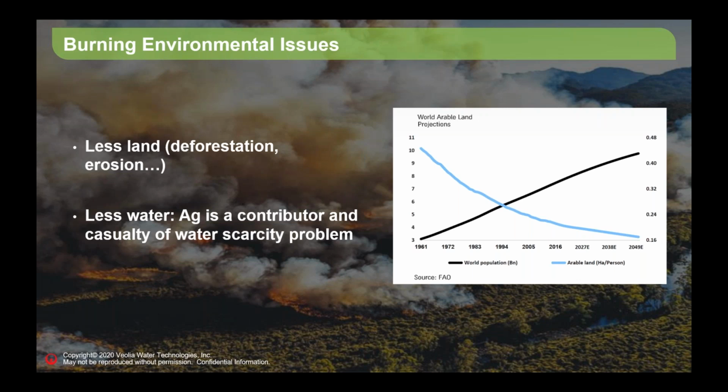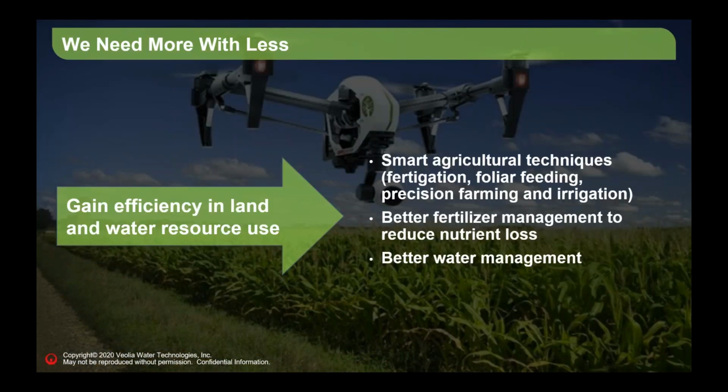So given these constraints, what farmers need to do is achieve more with less. They need to boost productivity, but also care about the environment and use less land and less water. That being said, we need to gain efficiencies, and we cannot do that except by using smart agriculture techniques.